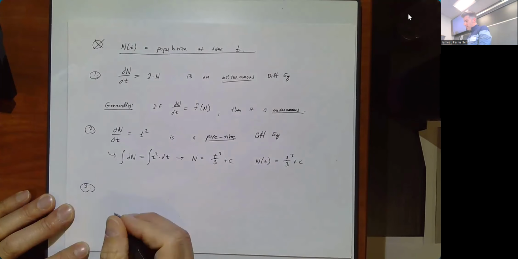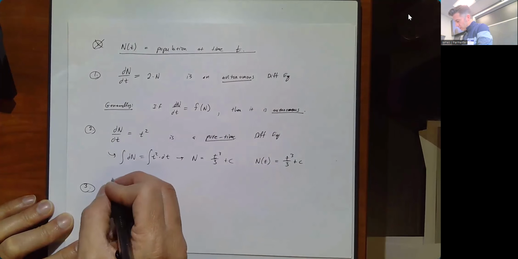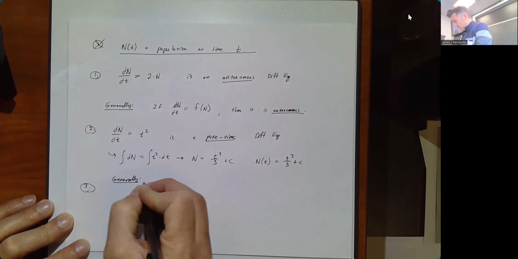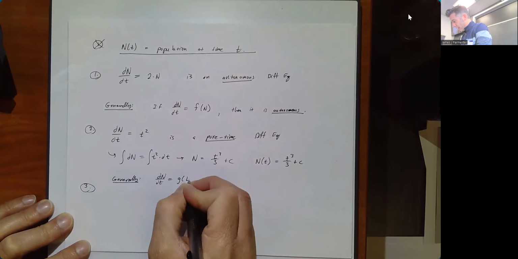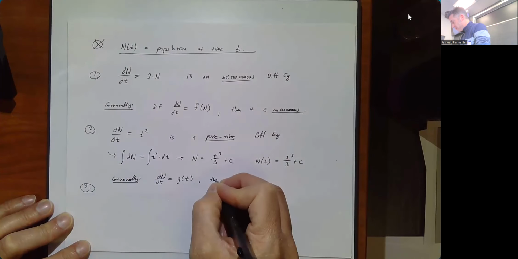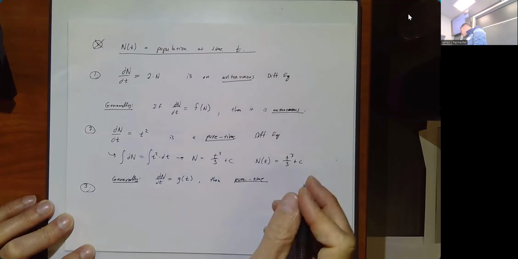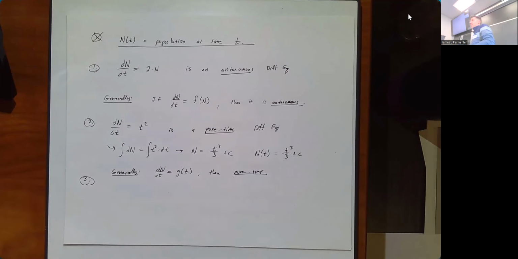So generally we should say here that if your dn dt is equal to just a function of time, then it's pure time. Big surprise. And then lastly, the one that I think is kind of the most annoying is if you have something with both time and your population size or your dependent variable, it's called non-autonomous.